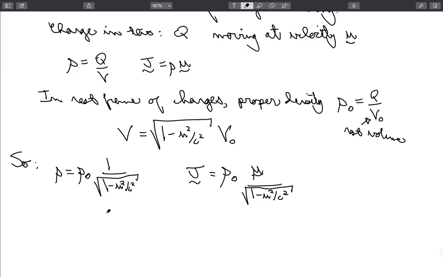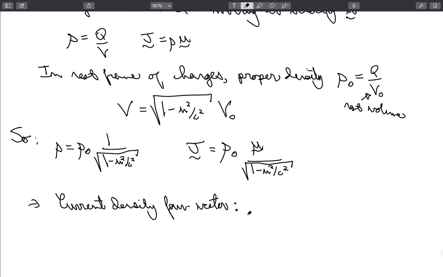So what we can do is put this current and charge density together into a 4-vector that's called the current density 4-vector.